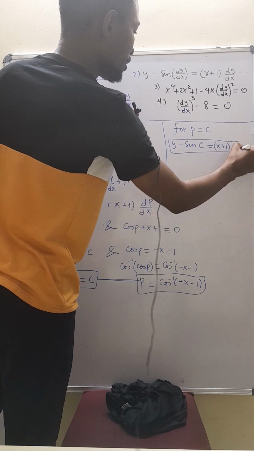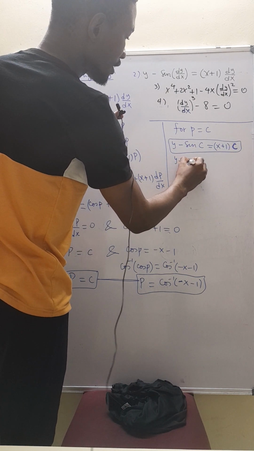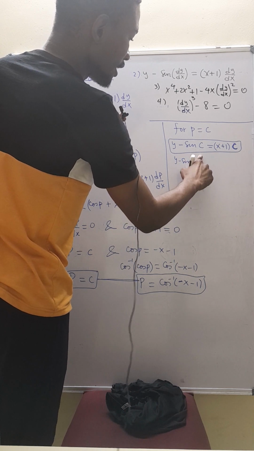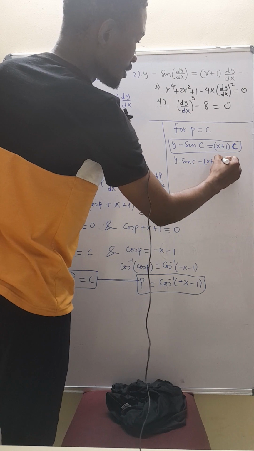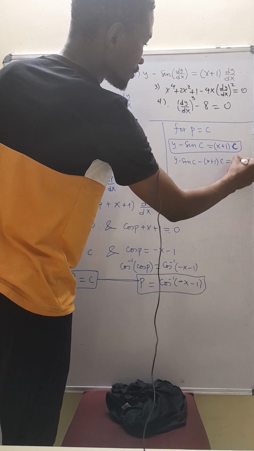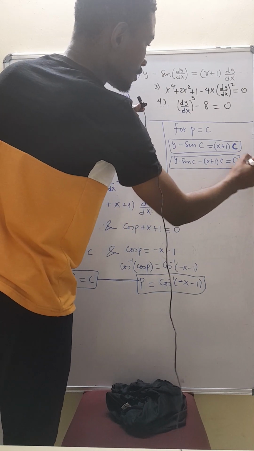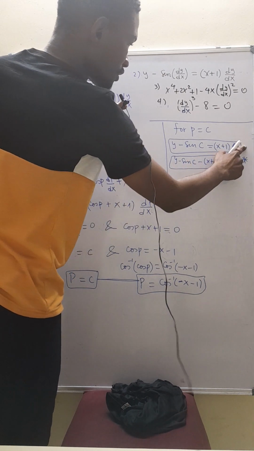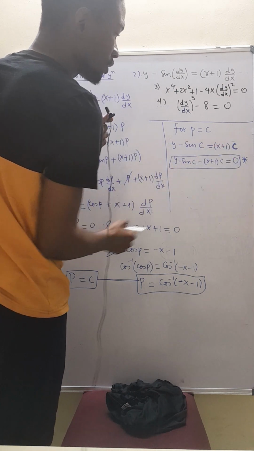This will be your first value. So y minus sin c minus (x plus 1) c equals 0. This is the solution for our first expression.